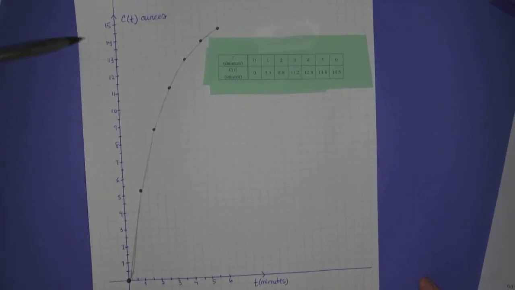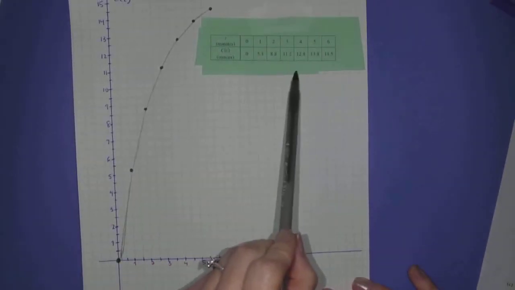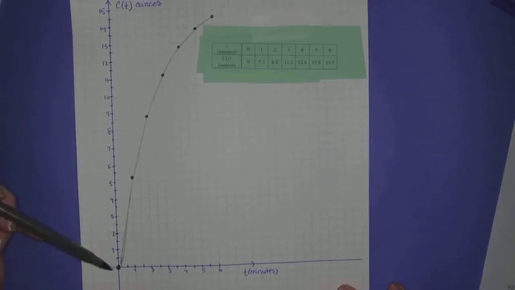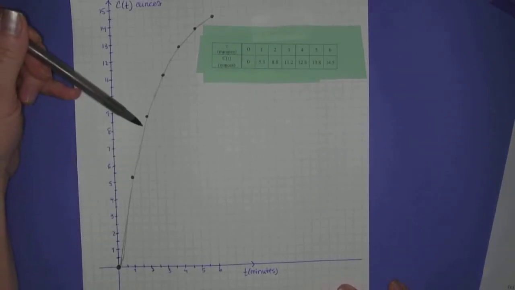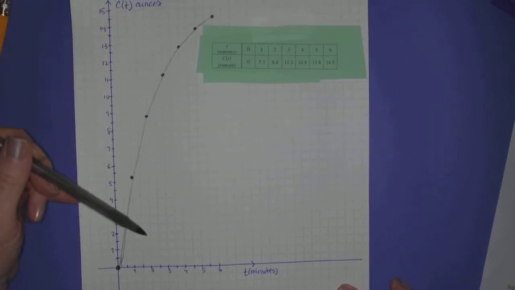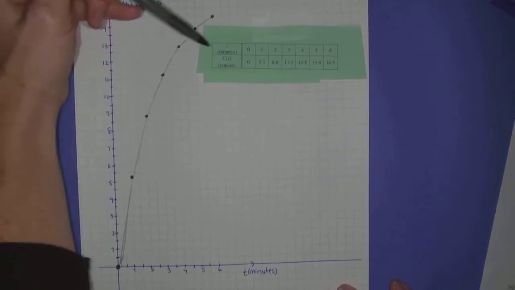And then up the ounces axis, I went from 0 to 14.5. And I just plotted all these XY values from the table. And sure enough, it did make a very nice, smooth, differentiable graph, which you can see here. And differentiability implies continuity. So as soon as they tell me I'm differentiable, I know I'm also continuous. So that's a nice curve.